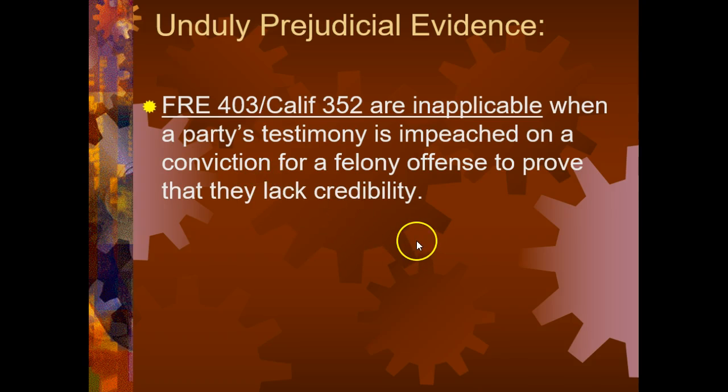Now, I will say that there's a caveat here. Rule 403 and California 352 can be used in connection with a felony offense if the offenses are so old and there have been no new offenses over many years, so that we can no longer say those offenses really tell us who the person is now. Then we might be able to exclude it under 403 or 352 because it no longer has very much probative value, and it can very likely mislead the jury as to who the person is now.